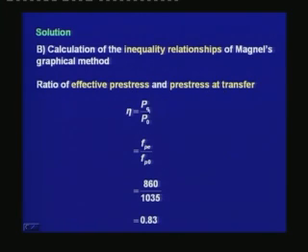Eta is equal to Pe divided by P0, which is equal to the stress fpe divided by the stress at transfer fp0. These values are given, and 860 by 1035 gives the value of eta is equal to 0.83. Thus, 83% of the prestress at transfer stays as the effective prestress.